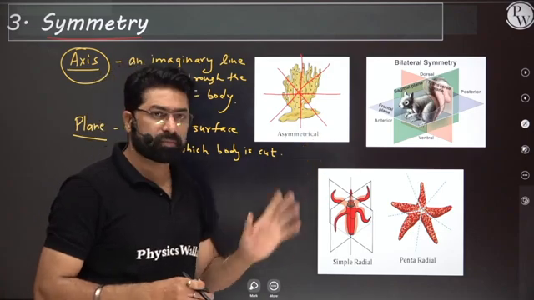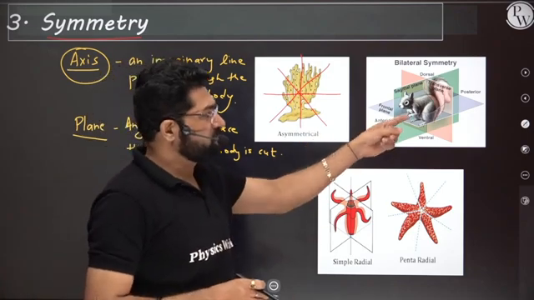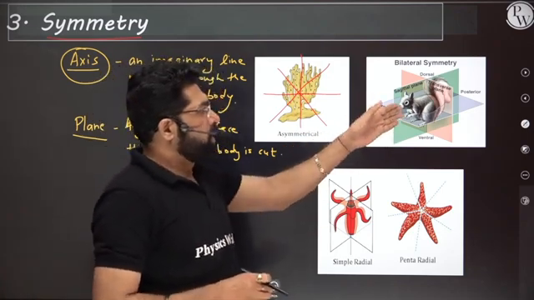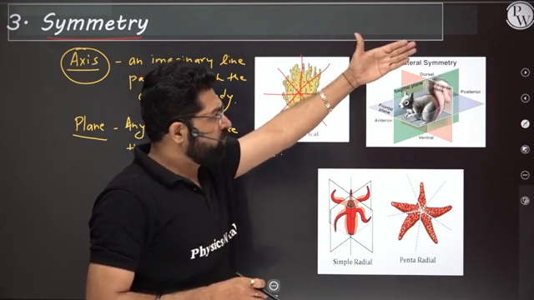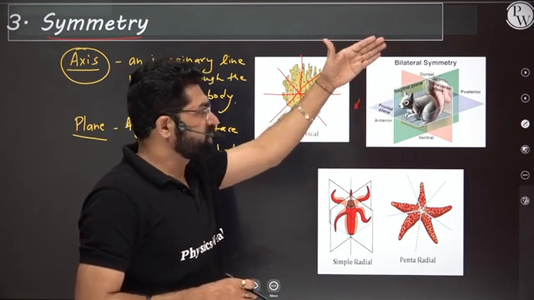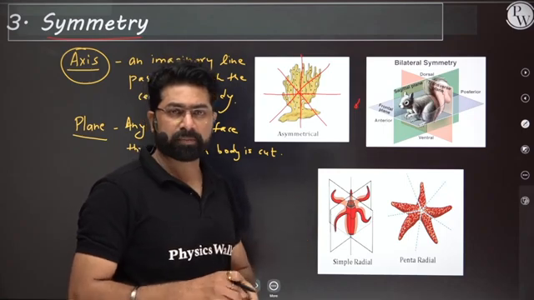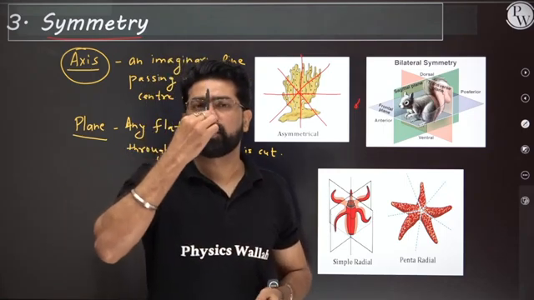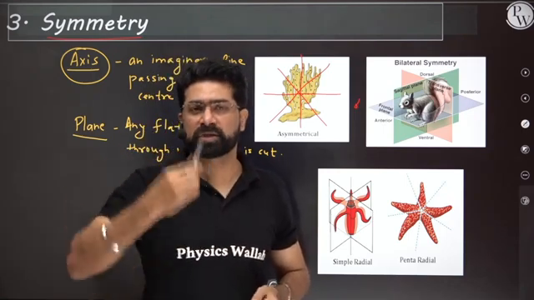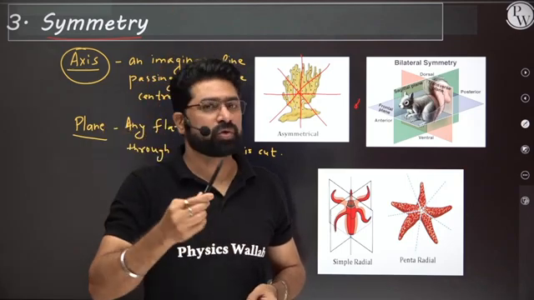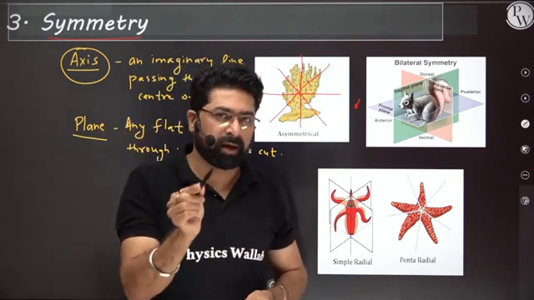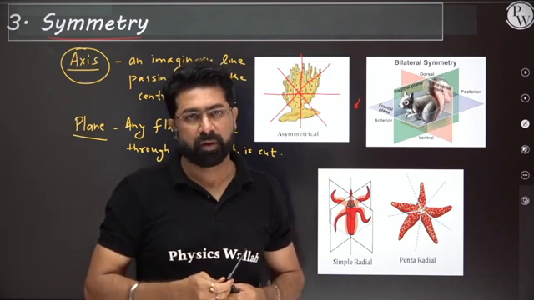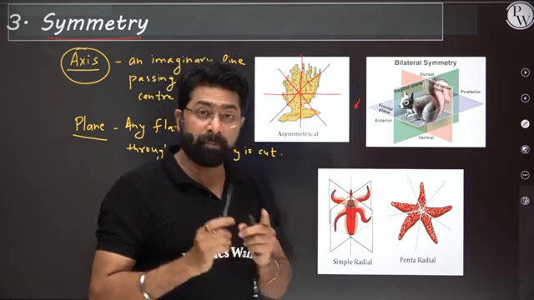But suppose I cut this organism from one plane, a particular plane called the sagittal plane, which is passing through the center of the body, like this. So definitely you will find what? Left and right equal halves. That is an example of bilateral symmetry.